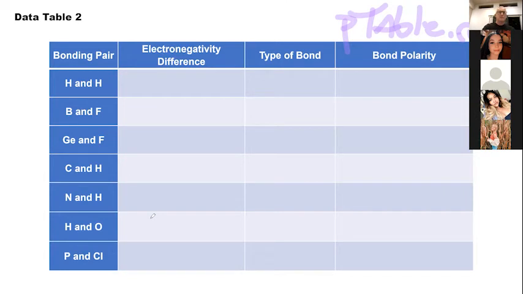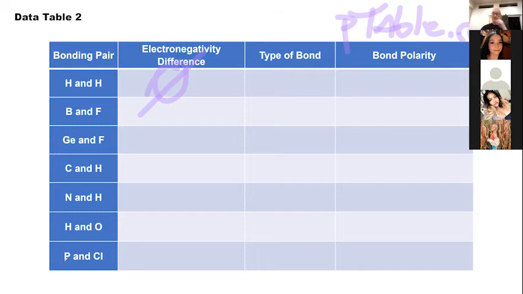All you have to do is give the electronegativity difference between a hydrogen and a hydrogen. Gee, I wonder what that difference is going to be. What's the electronegativity difference going to be between hydrogen and hydrogen? 0. So what kind of bond is that?